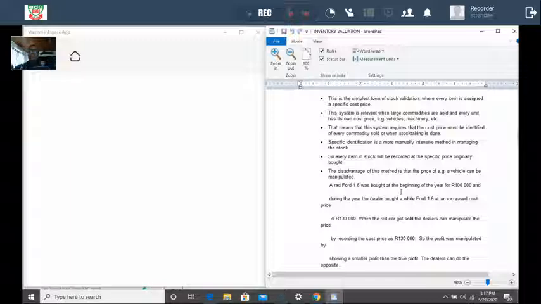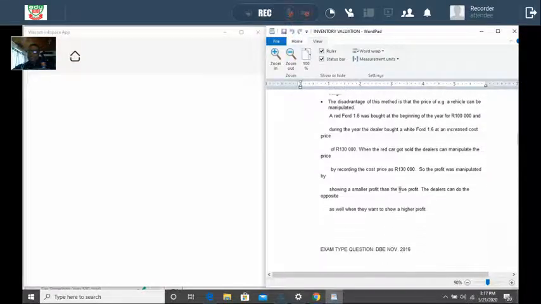So you can easily manipulate the profit by recording the cost price of 130,000. That gives a disadvantage to the specific identification method, because we are looking at the same type of cars, but they were not bought at the same price. So now let's look at how it is being examined.